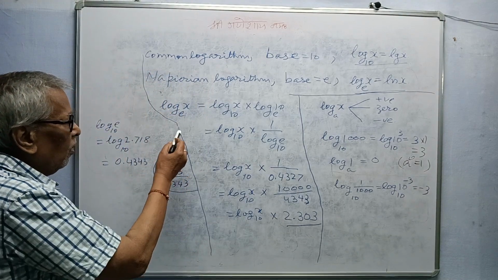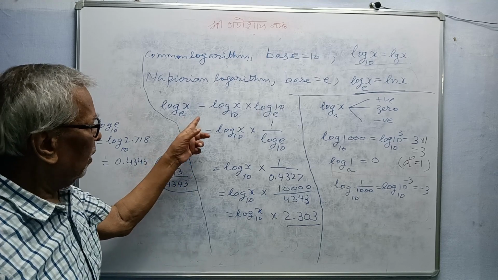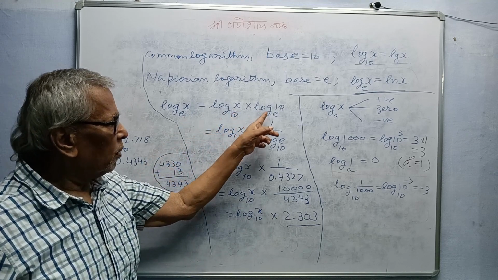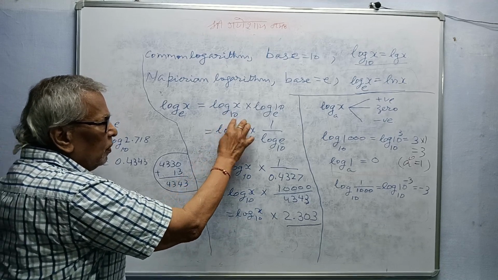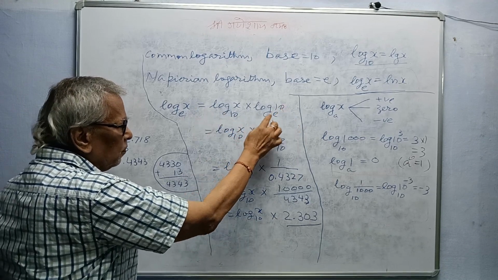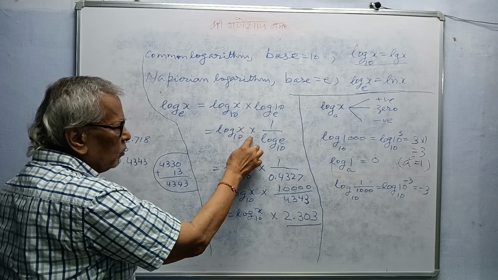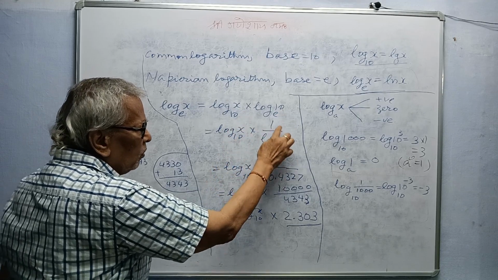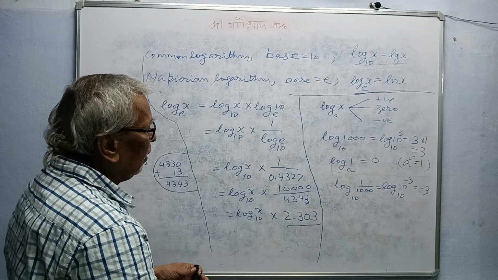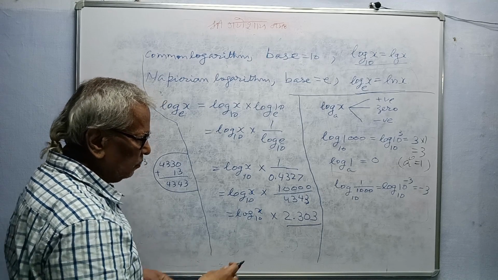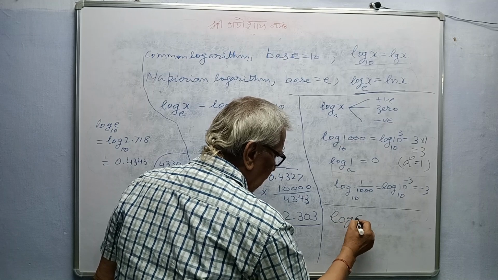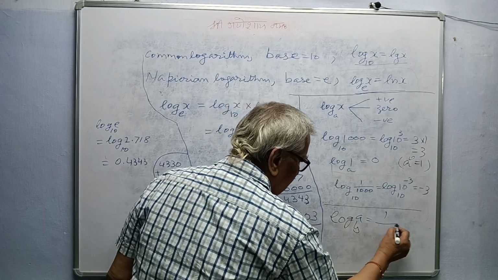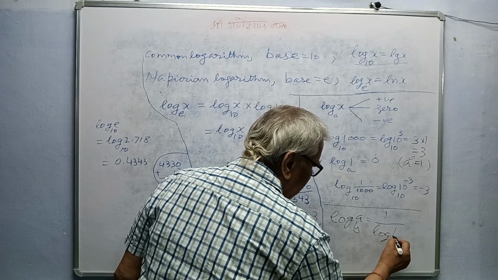Now log x to the base e is equal to log x to the base 10 into log 10 to the base e. Chain rule. Log x to the base 10, log 10 to the base e. So log x to the base 10 into 1 by log e to the base 10, because log a to the base b can be written as 1 by log b to the base a.